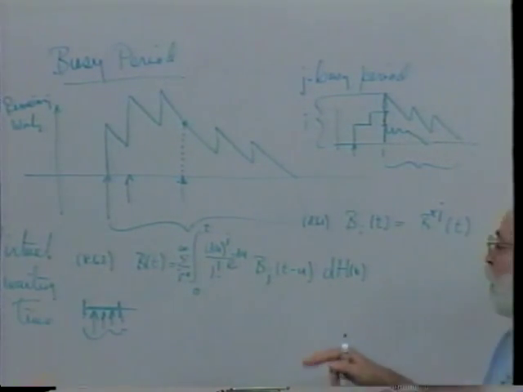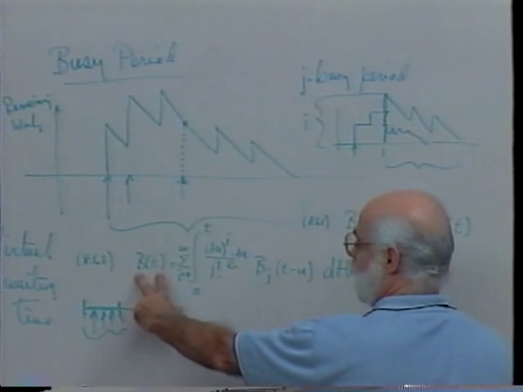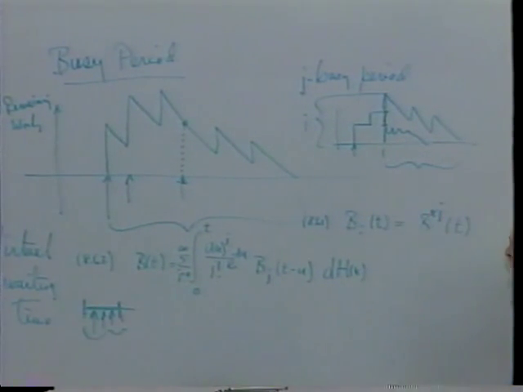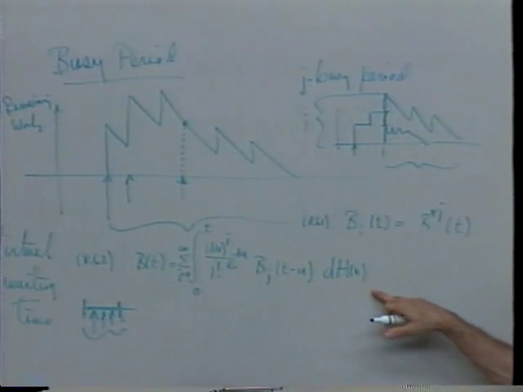So here is an equation that relates the distribution function of the one busy period to the distribution function of the j busy period and the service times.